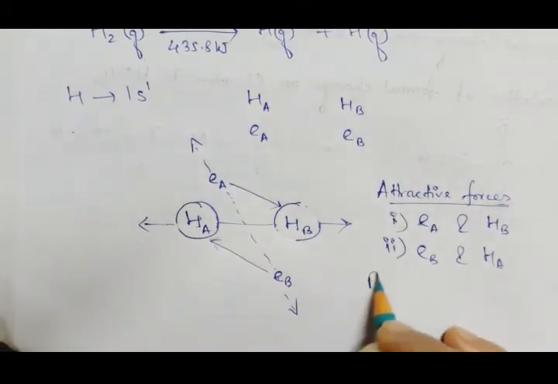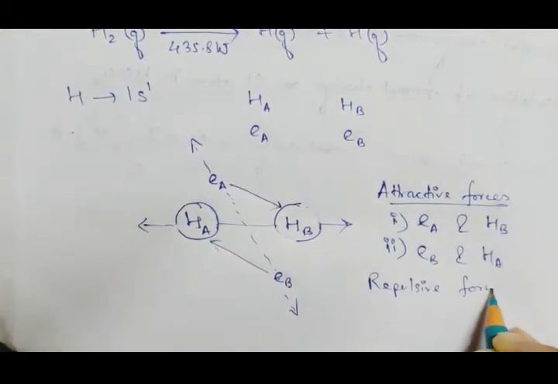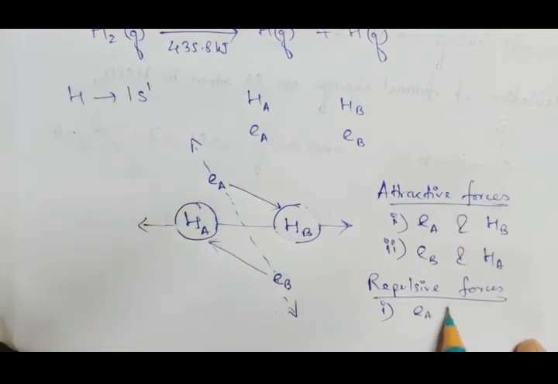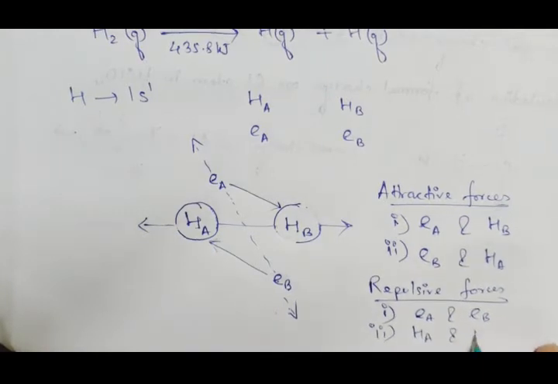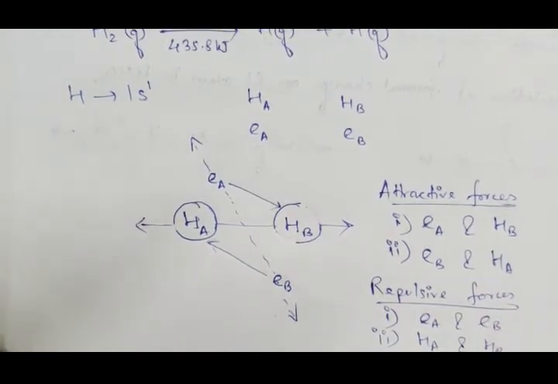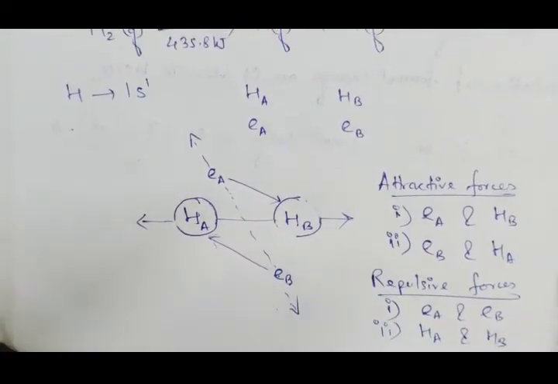Now the repulsive forces will exist between the two separate electrons, Ea and Eb, and the other one is between the nucleus of Ha and Hb. Clear?